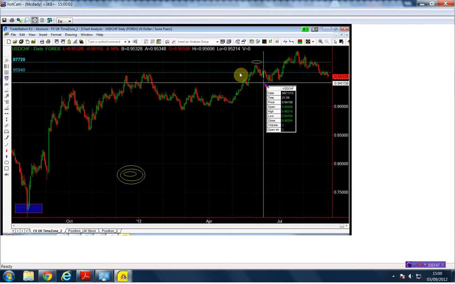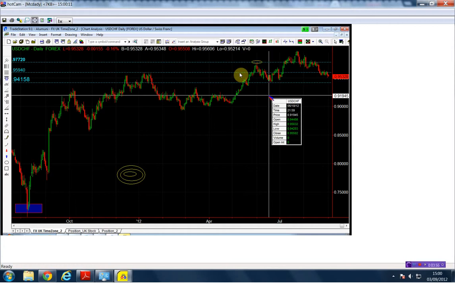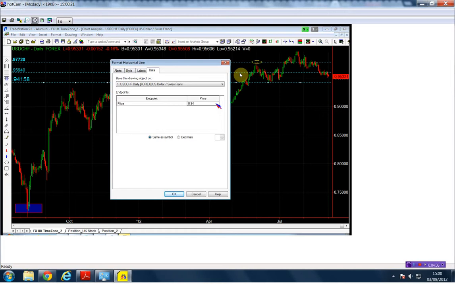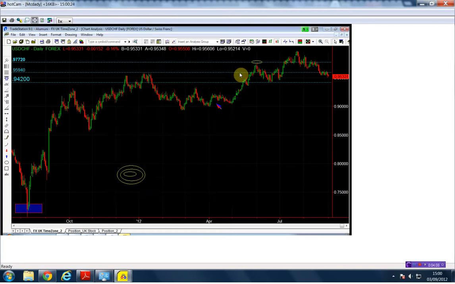This is just a significant point, this is 94.20. Okay, so our structural short point is going to be 94.20.